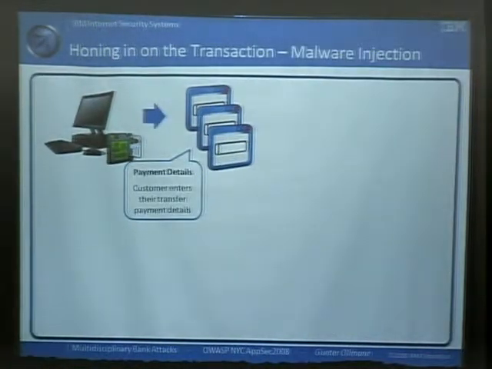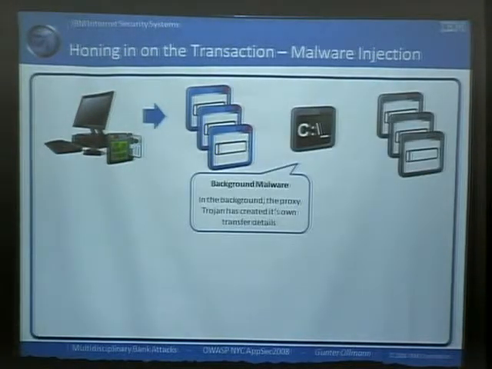So what we're then seeing, and this is real, this is how the malware is actually operating, is that you see the same sort of interface of creating your bank transfer. It may be a new account transfer, or something like a standing order, or an individual single transfer. So while you're filling in those forms, the malware is kicking off in the background and has a second transaction already prepared. Okay.